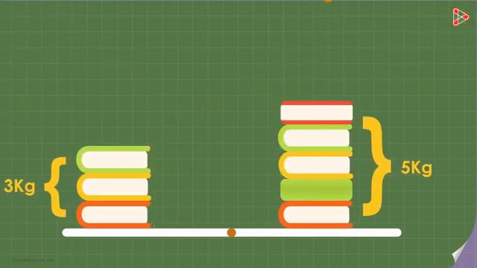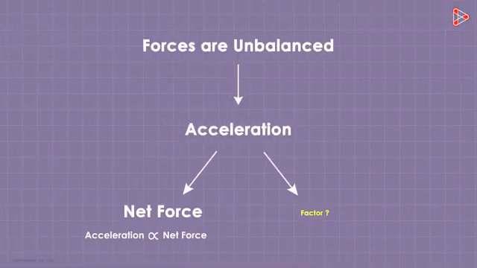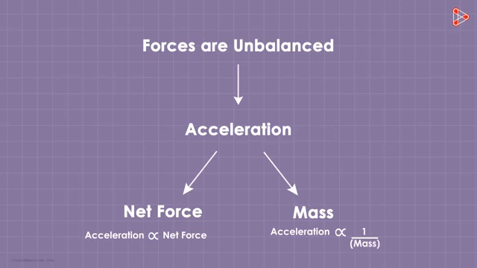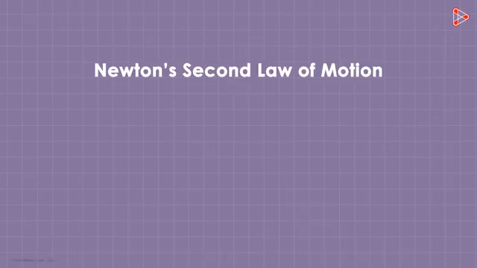Surely it's the 3 kg one because it has lesser mass. Lesser the mass, more the acceleration. And more the mass, lesser the acceleration. Hence, we can say that acceleration depends inversely on the object's mass. If you understand this concept well, then understanding the second law of motion will be very easy.